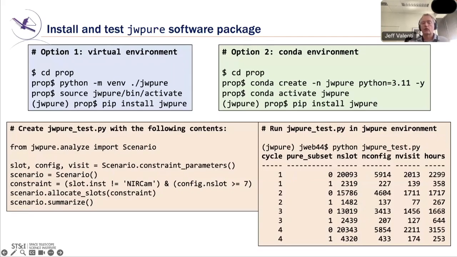And then the pure subset column 0 are slots that were available in that cycle, but were not allocated. Were not useful for the scenario that we described. And when pure subset is 1, that means those are slots that were available, and they have a certain number of configurations and visits and total hours associated with them.